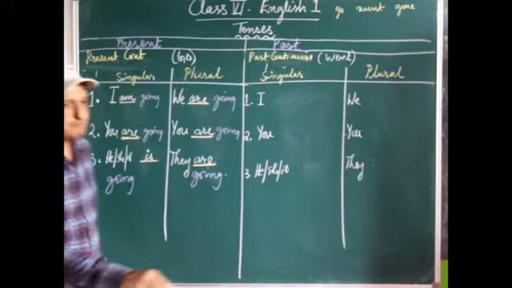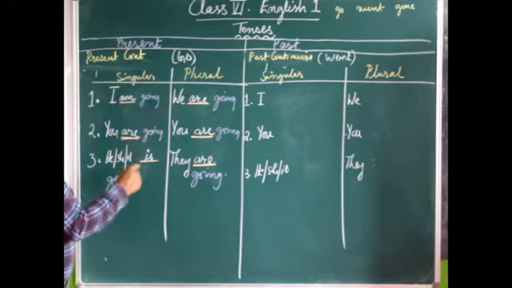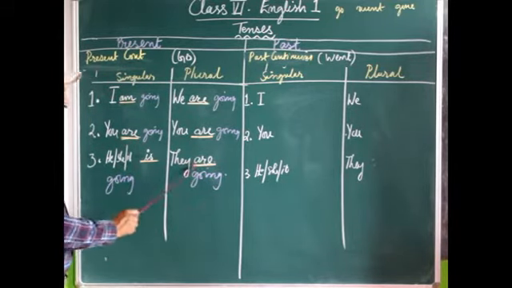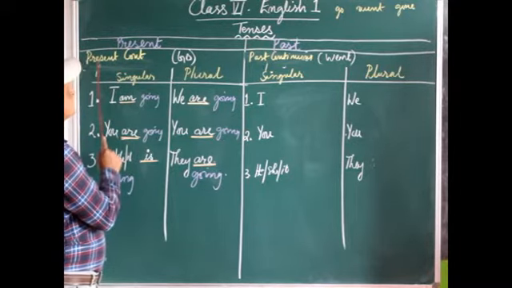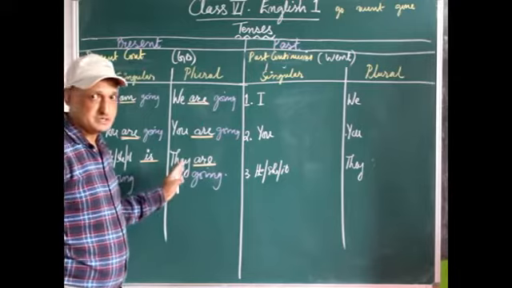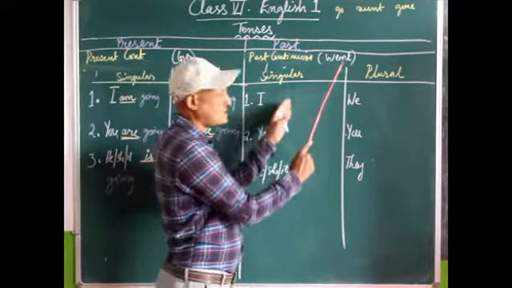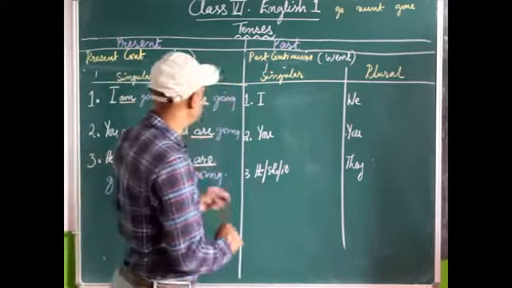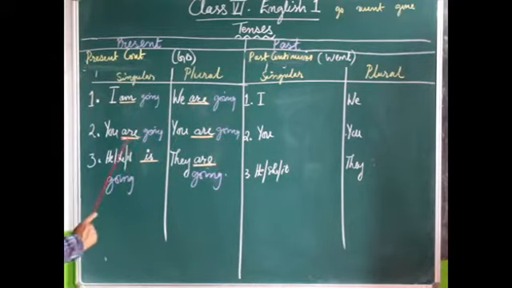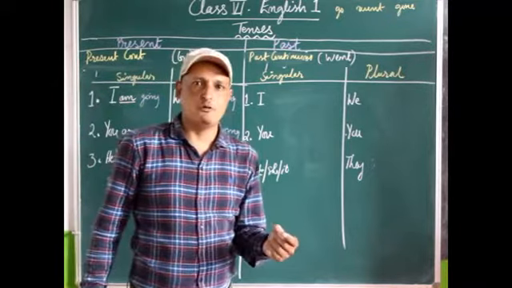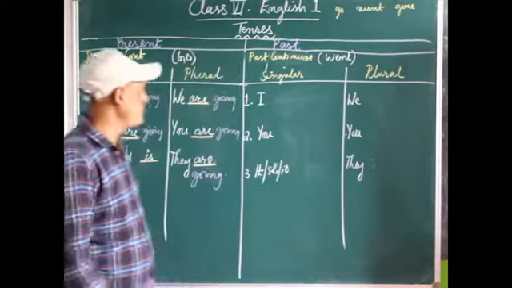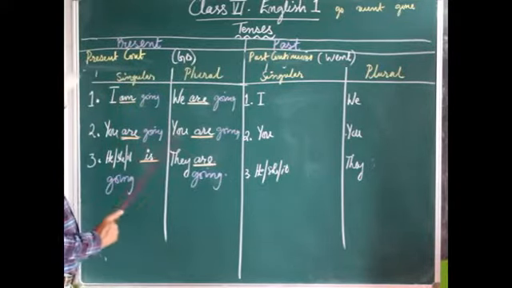These are the helping verbs or the auxiliary verbs that we make use of while writing a sentence in the present continuous. So, in the case of past continuous, what happens? These helping verbs also take the past form, or we use the past form of these helping verbs.